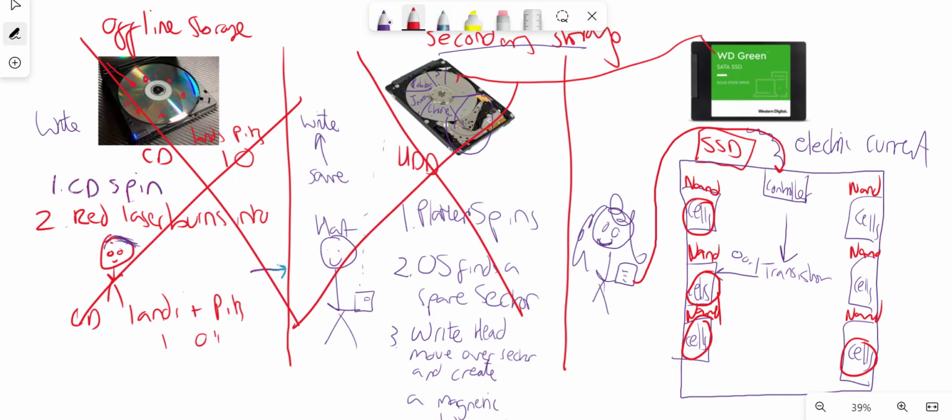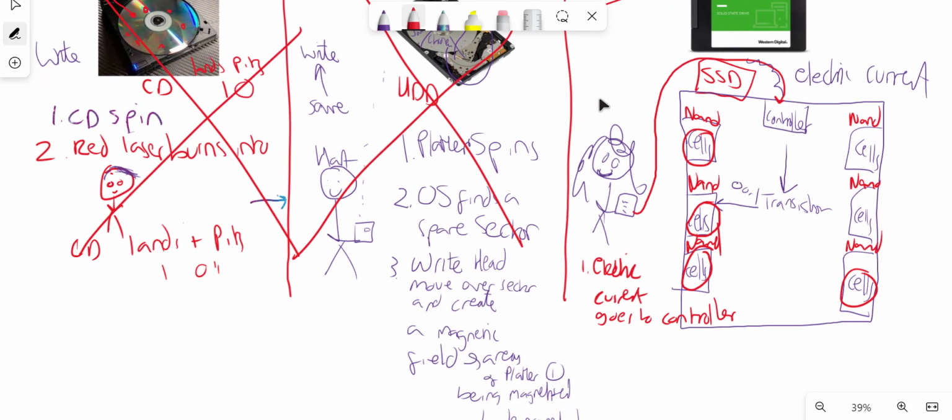So let me go through this again. SSD, to save a photo, step 1, electric current. Actually, this isn't a photo, this is the poem. Goes to controller. Nice and easy so far. Then what will happen?